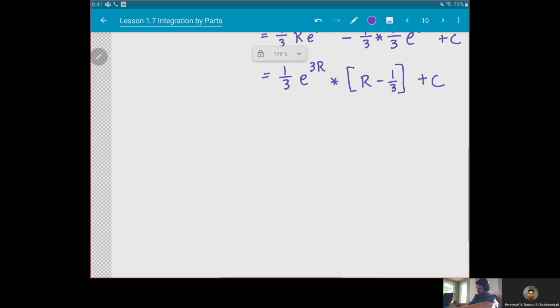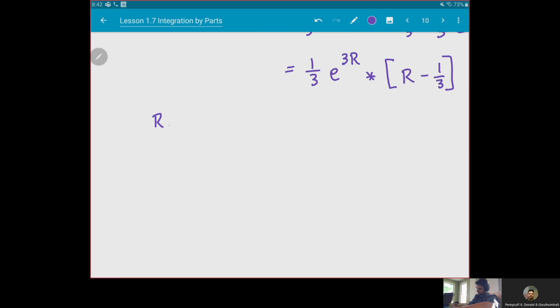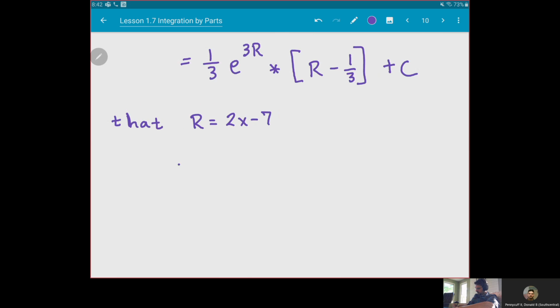So let's recall that r equals 2x minus 7. So this is equal to 1/3 e to the 3 times 2x minus 7 times 2x minus 7 minus 1/3 plus c.